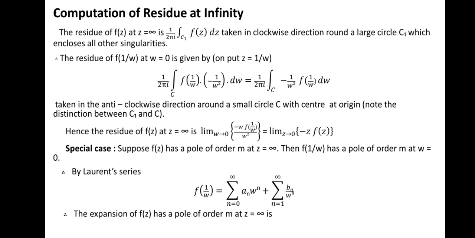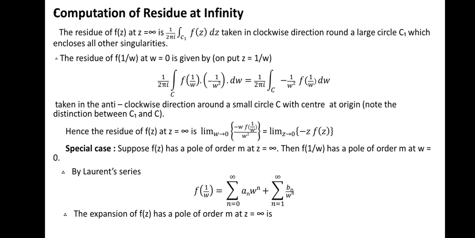The residue of f(z) at z equal to infinity is 1/(2πi) times the integration over C1 of f(z) dz, taken in clockwise direction round a large circle C1 which encloses all other singularities.